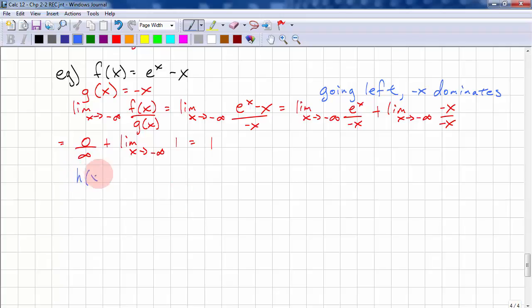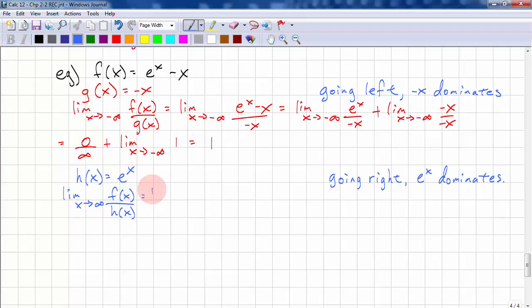So h of x equals, and we note that going right, e to the x dominates. And we can use our calculator to check this. So h of x equals e to the power of x. Now we do our limit as x approaches infinity of f of x over h of x. Substitute.